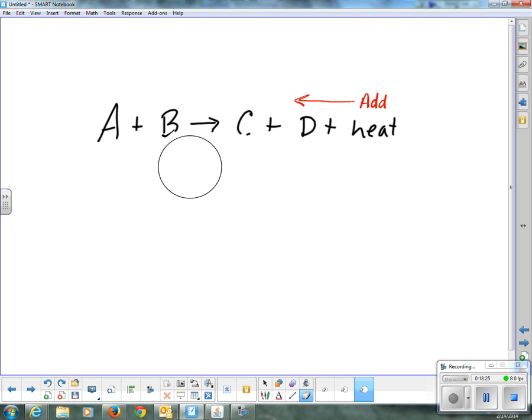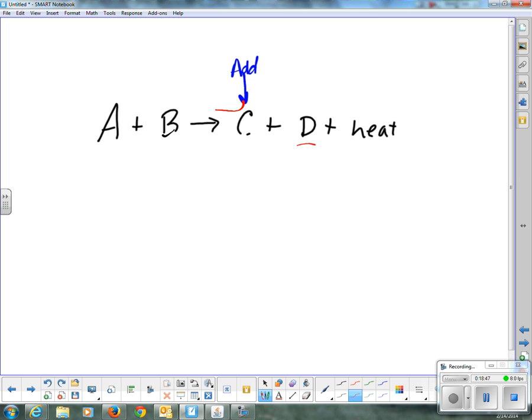And let's do just a concentration one. Okay, so if I do a concentration, say that I said I want to add C. And this time I'm just going to pick one that I want you to tell me what happens to it. What's going to happen to D? Well, if I add C, then I've got to shift away from C, so it's going to shift this way.